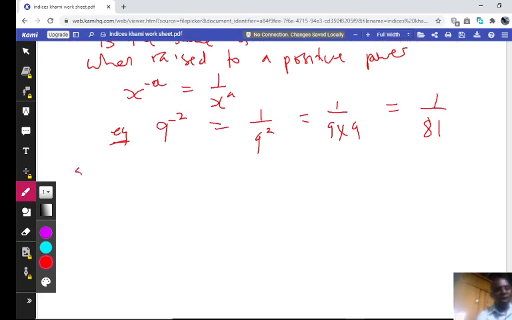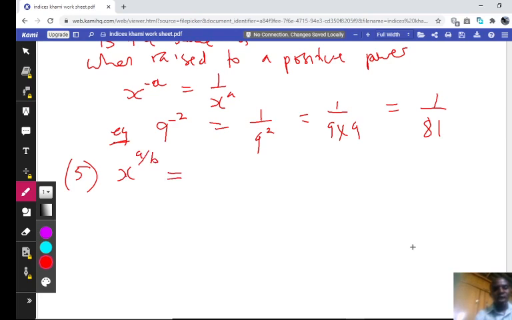Right, law number 5. This one is based on fractional indices, where the power is now a fraction. How do you solve it? For example, x to the power a over b. The power is a over b, which is a fraction.